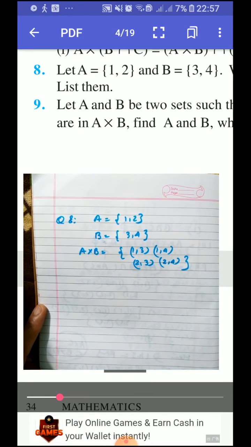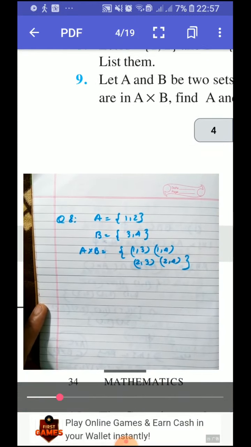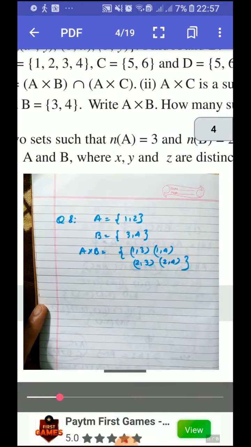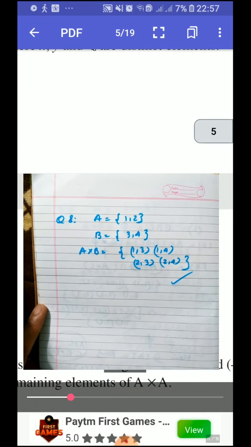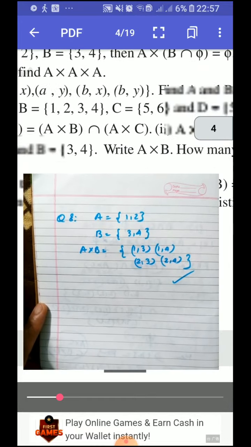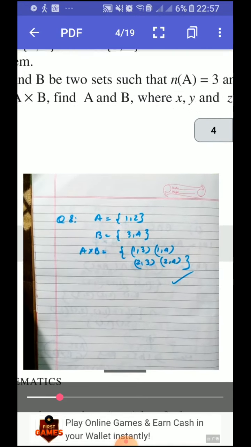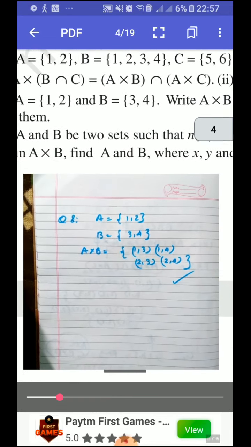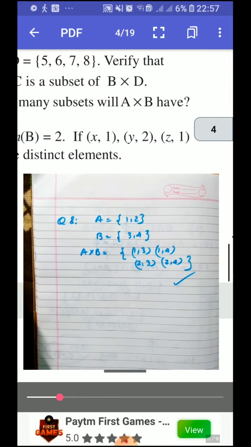How many subsets will A Cartesian B have?